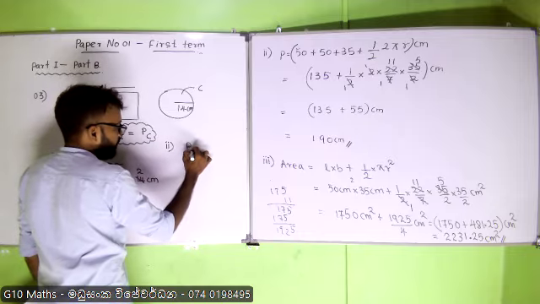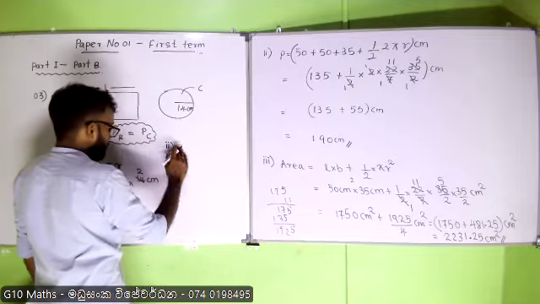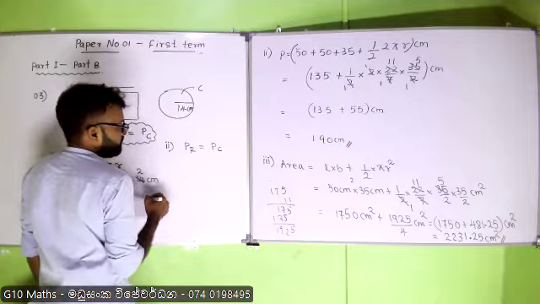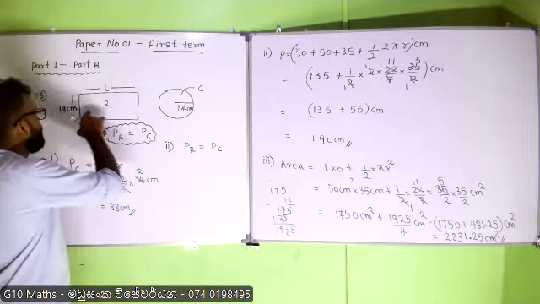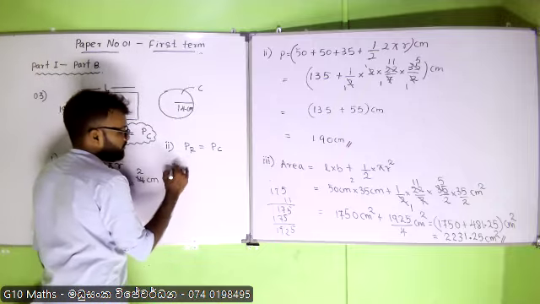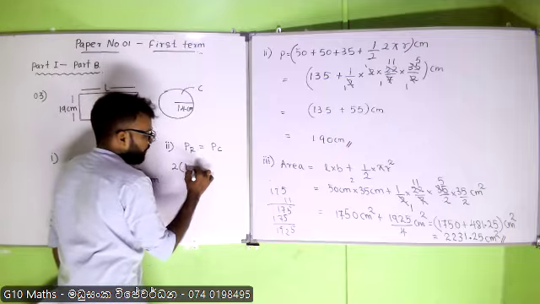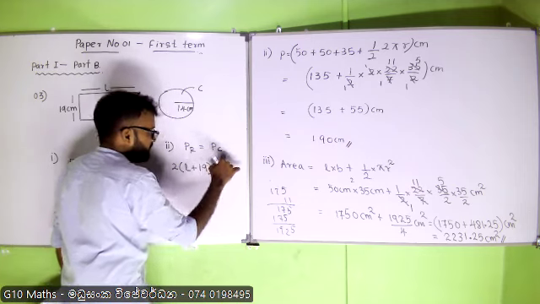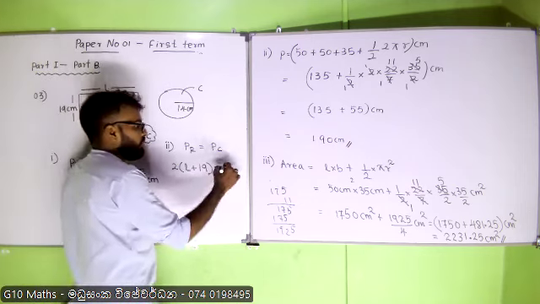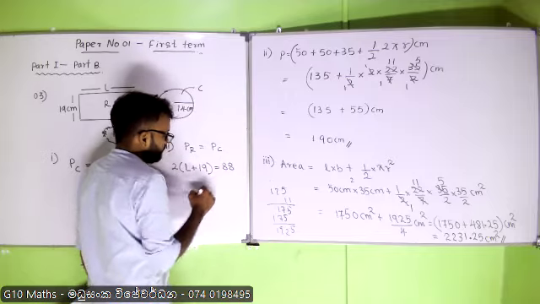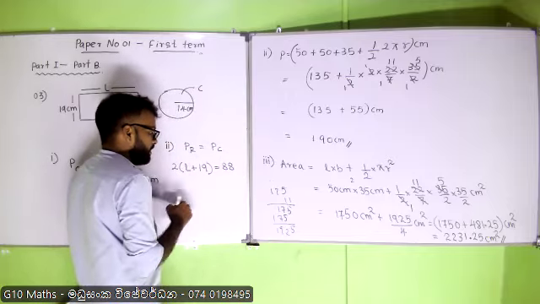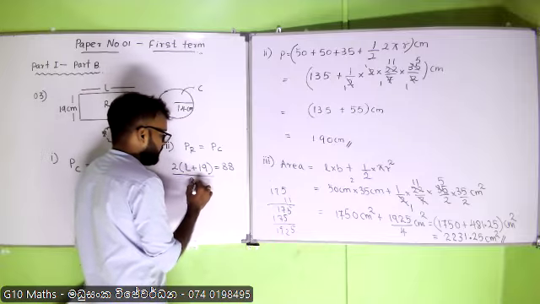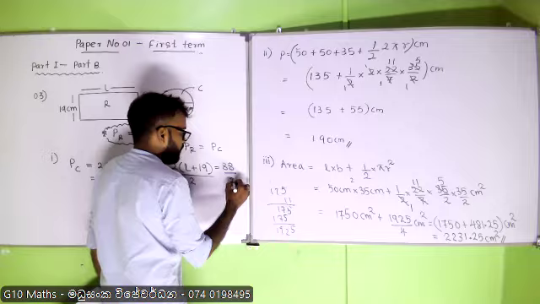Perimeter of the rectangle equals perimeter of the circle. Perimeter of the rectangle can be written as 2 times length plus breadth, 2 times (L plus 19). Perimeter of the circle is 88. We have found that. You need to make L the subject. This side divided by 2, this side divided by 2.